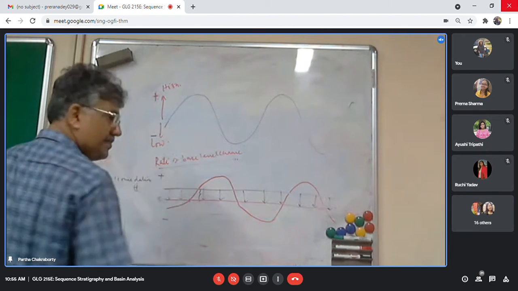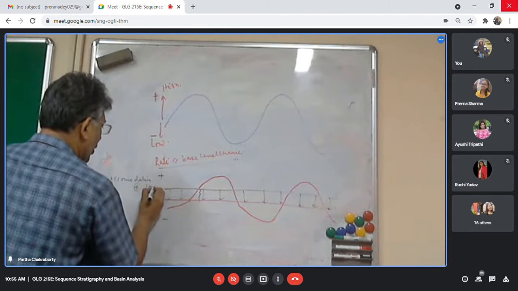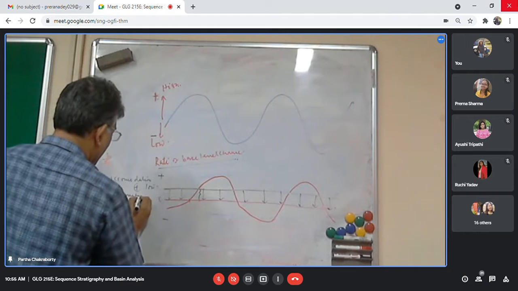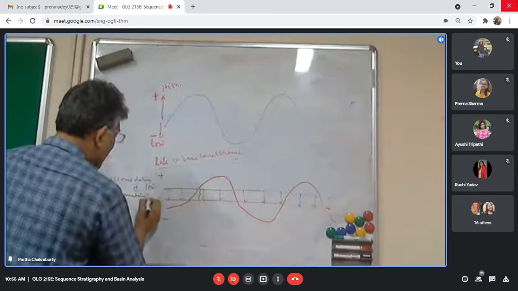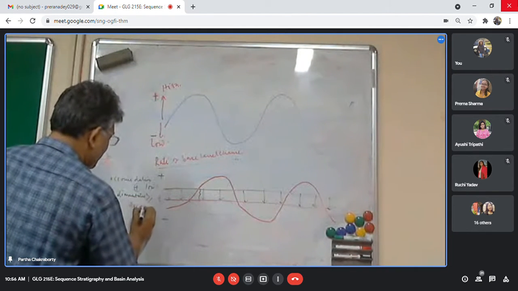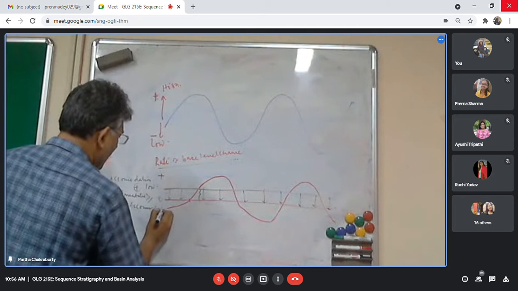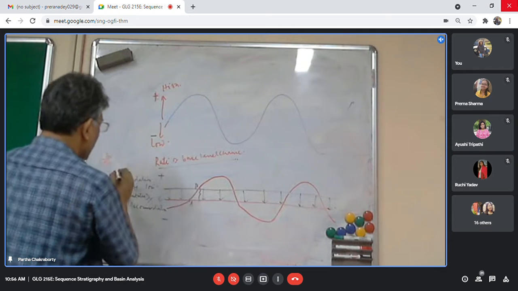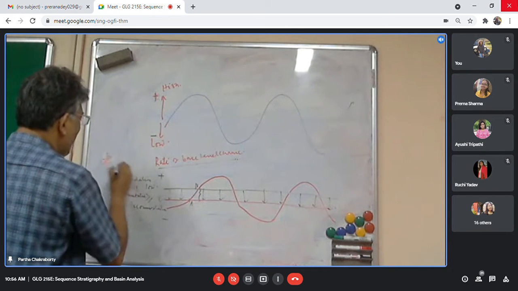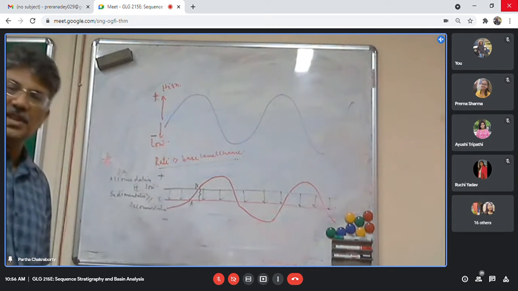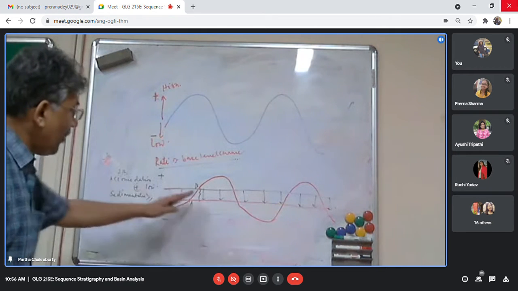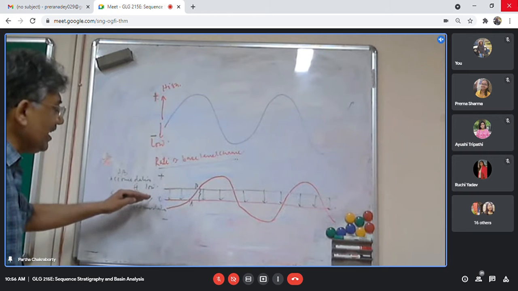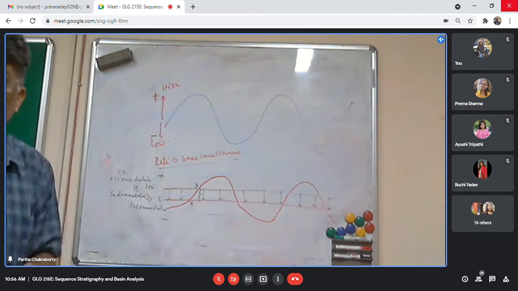If I call these A and B, in the AB part, accommodation is positive but low positive, and sedimentation is either exceeding or equaling the amount of accommodation.